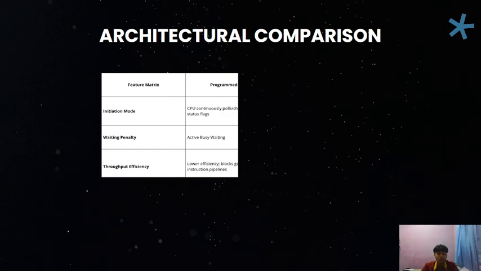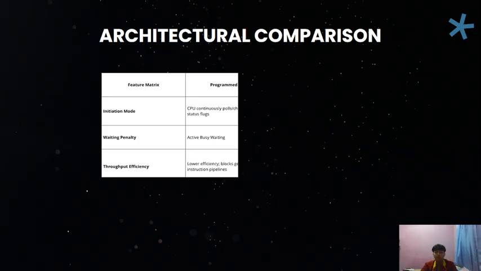Next, technique comparison. To better understand programmed I/O, we can compare it with higher techniques. In programmed I/O, the CPU continuously checks device status. In interrupt-driven I/O, the device notifies the CPU only when attention is needed.